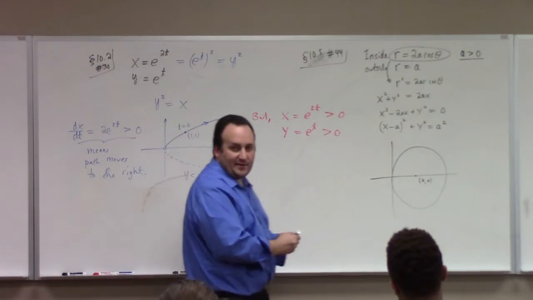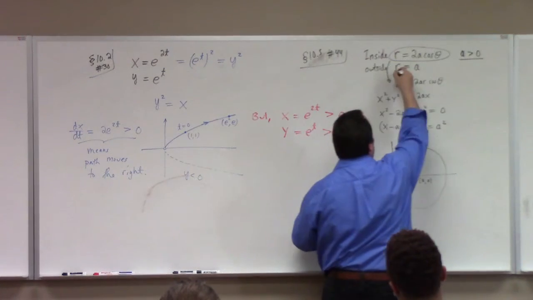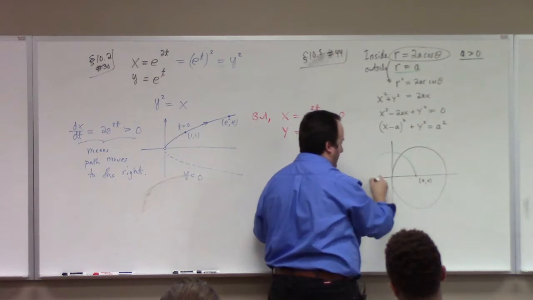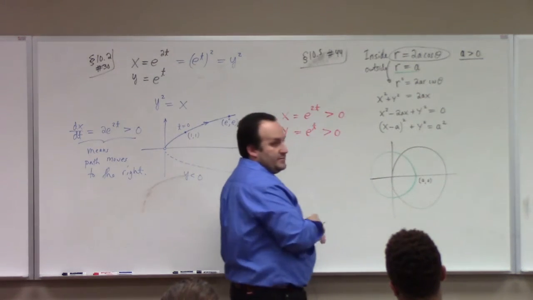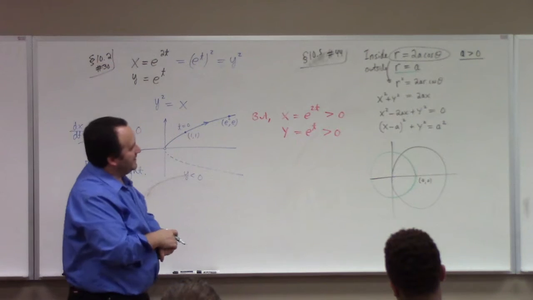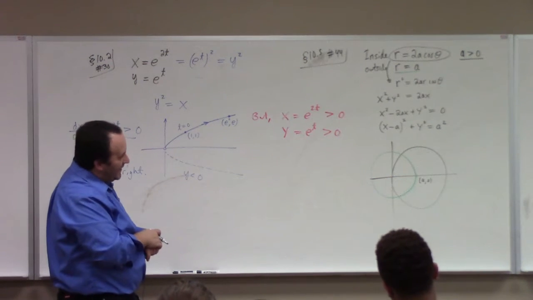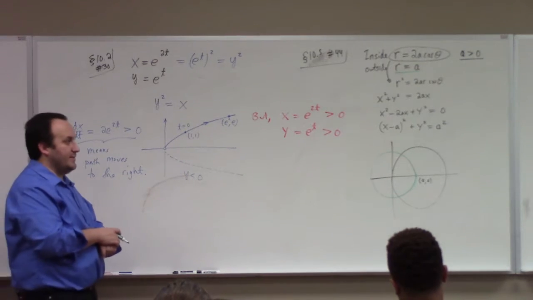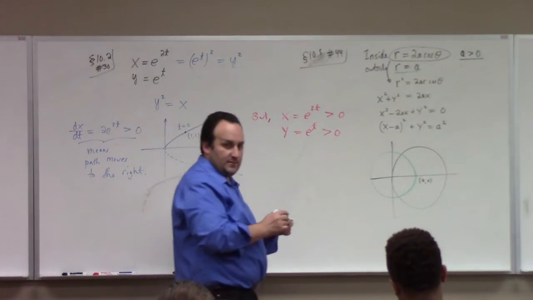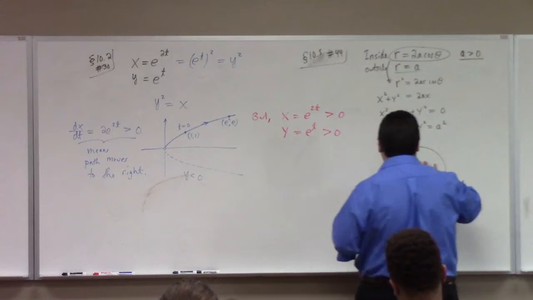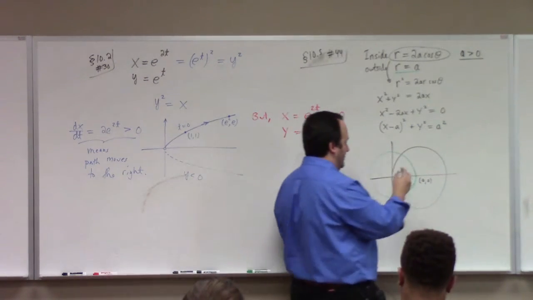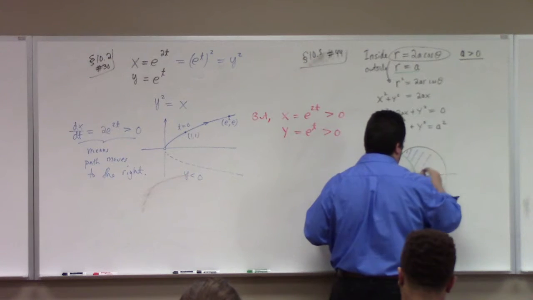Well, the other thing is r equals a, so that's just that, right? And it said we're supposed to find the area inside 2a cosine theta and outside r equals a. Where is that? Sort of the right part, right? So that's over here.